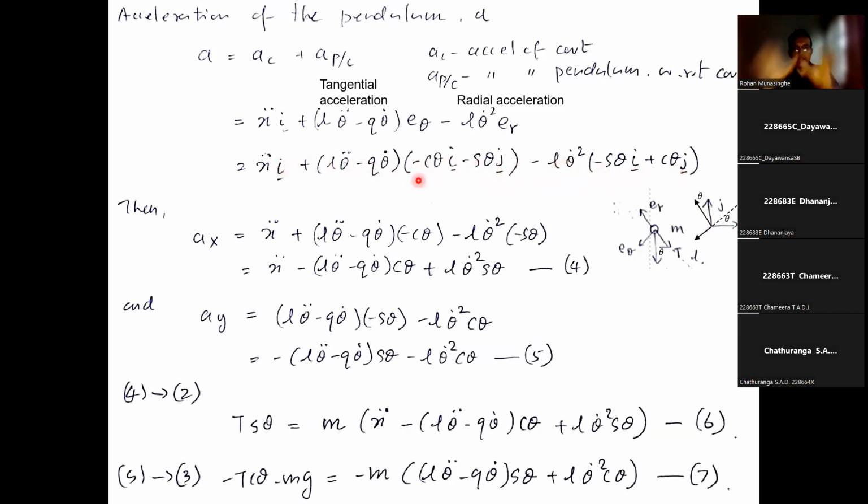In all of these elements, we will take I's and J's separately. If you combine all of the terms with I, you can say AX. This is the acceleration of the pendulum along the x direction. All of the items, this one and this one, because it is with I here, and also this one. Okay, this is the horizontal acceleration of the pendulum. Once you simplify, it turns out to be like that. Equation number 4.